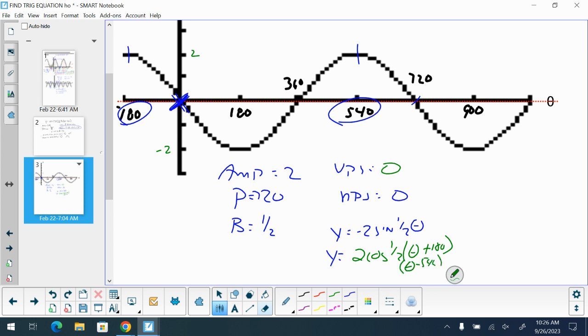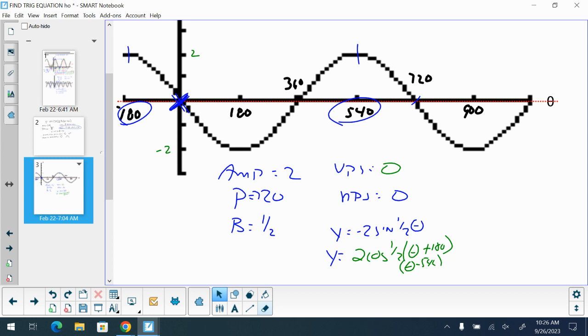Those would also be correct. You could use either one of those to go to your peaks here. If you want negative 180, then cosine 1/2 theta plus 180. That is fine too.